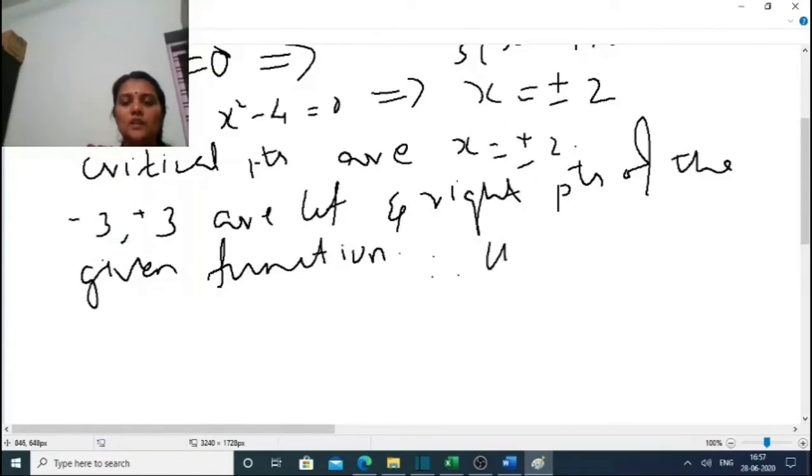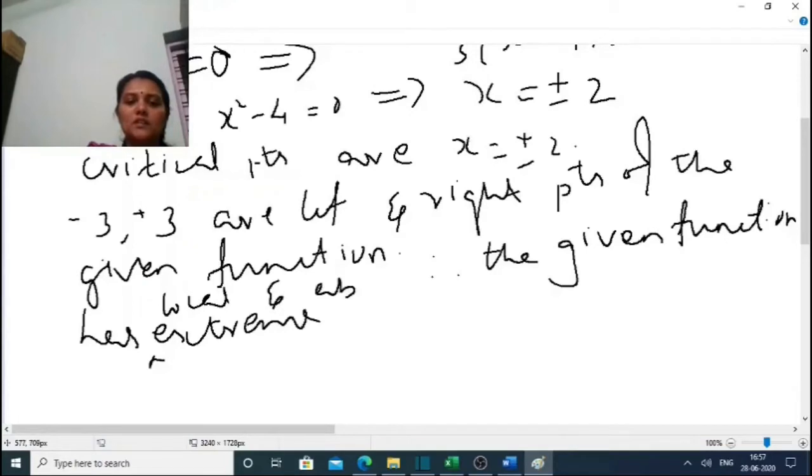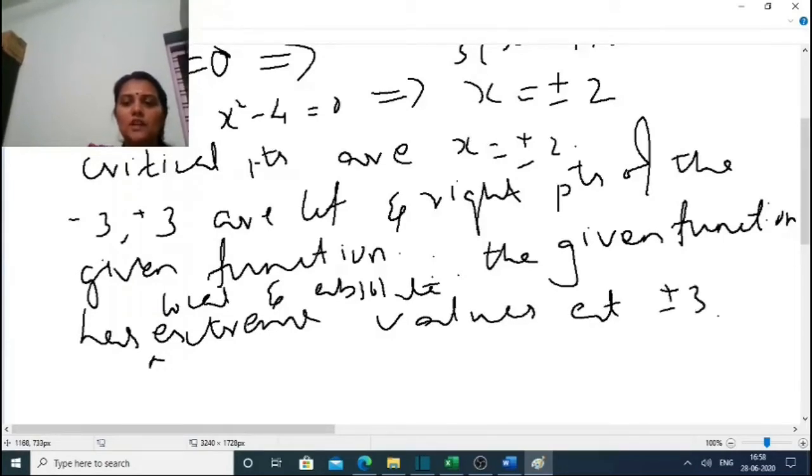Therefore the given function has local and absolute extreme values at plus or minus 3 and plus or minus 2.